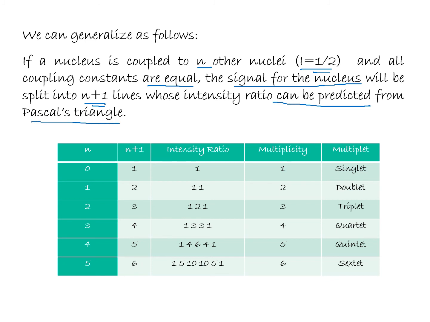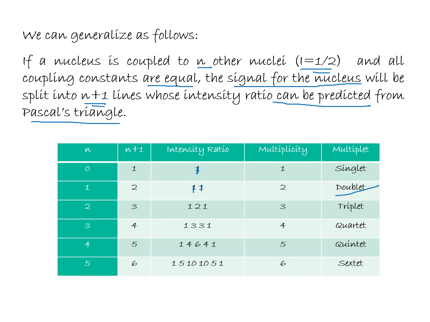Let's say if we have 0 neighbors, we'll have only one signal. If the neighbor is just one nucleus, go to the right and write one, go to the left and write one. So it's 1 to 1, and we call it a doublet.